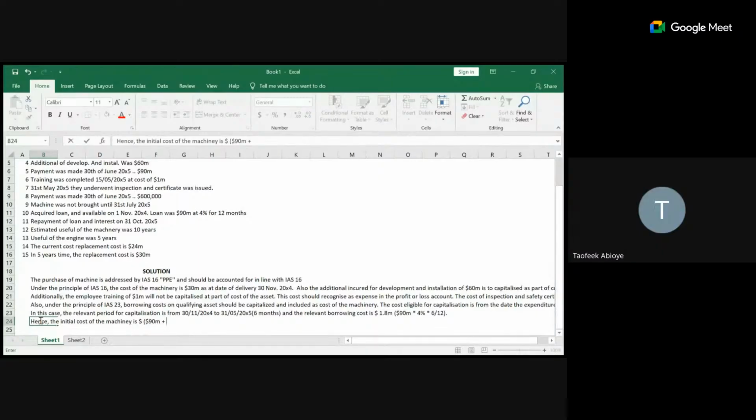Inspection and safety cost is 600,000. In fact, I want us to split this into 30 million and 60 million, so that when you are reading on your own it's not confusing. Let me use 0.6 million, which is 600,000.